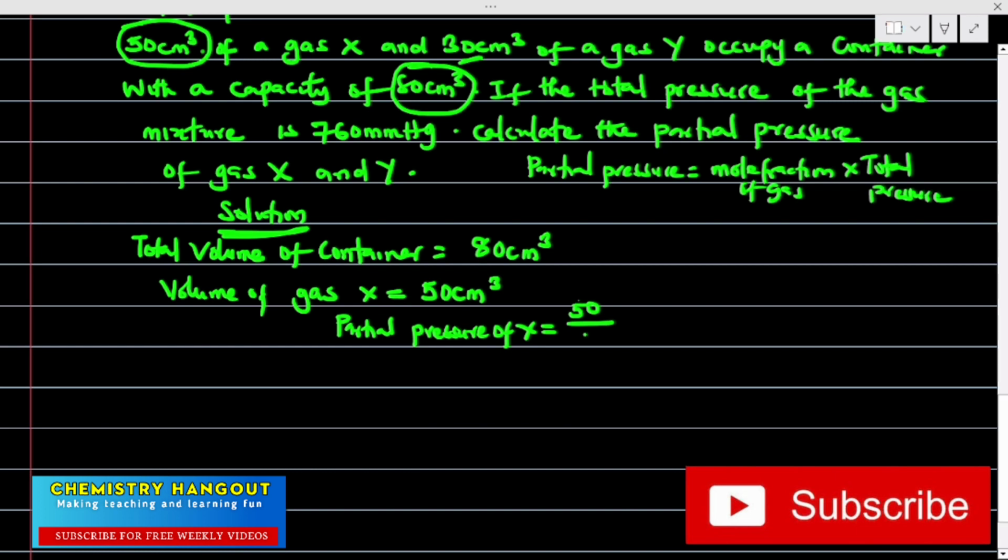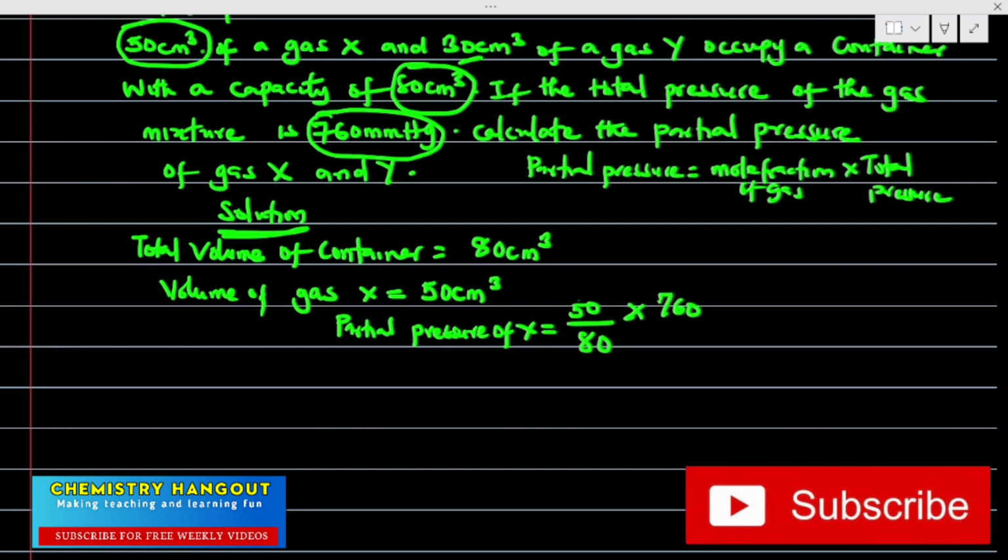That's the mole fraction of the gas, times the total pressure as given in the question, which is 760 millimeter mercury. So that will be 760. So the partial pressure of X, now let me use my calculator.